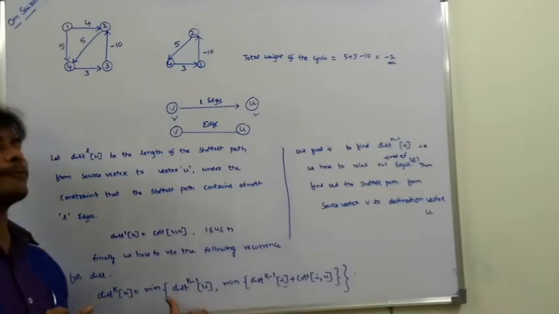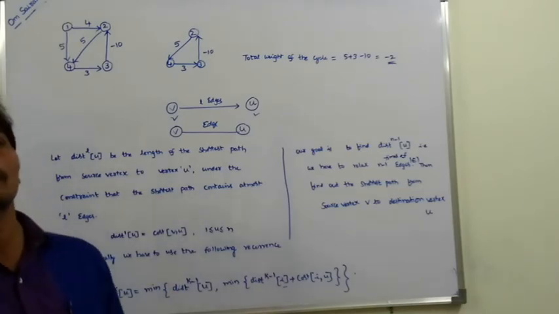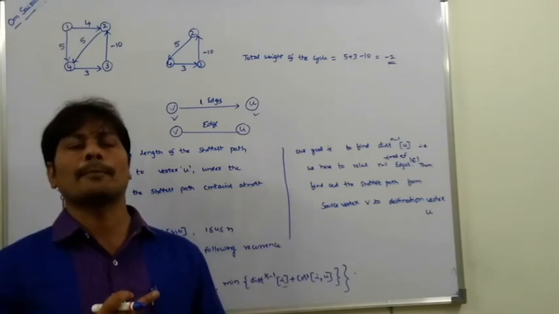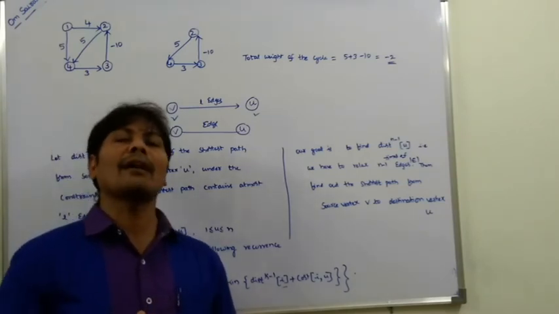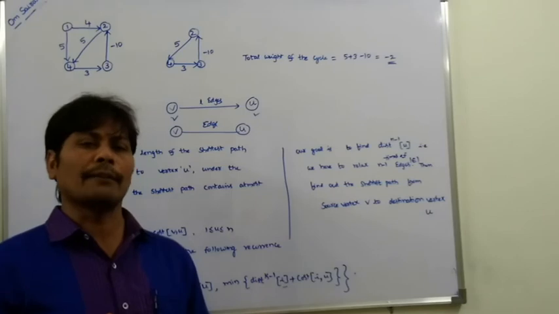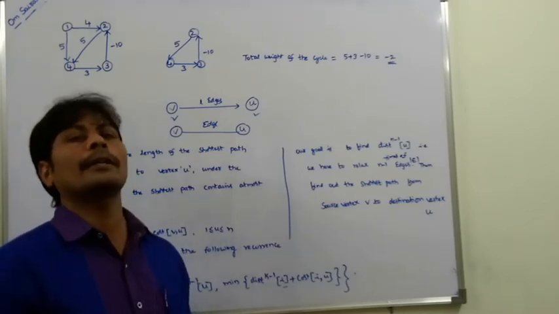So by using this formula, we can find the shortest distance from the source vertex to all the remaining vertices of the given graph. Next, we go for an example problem.